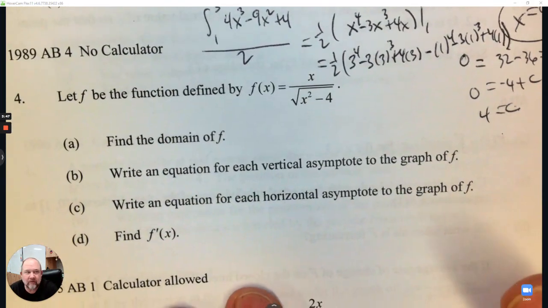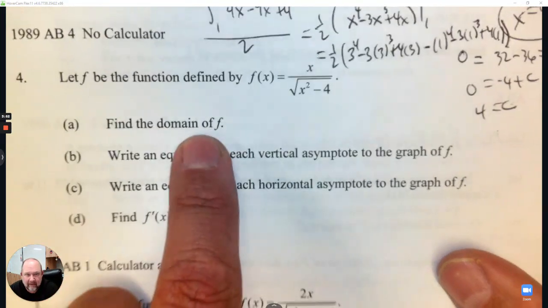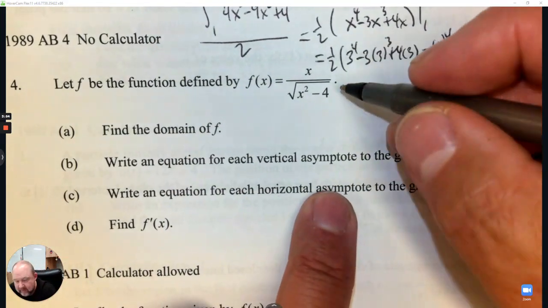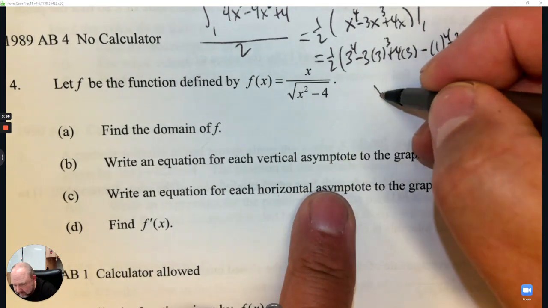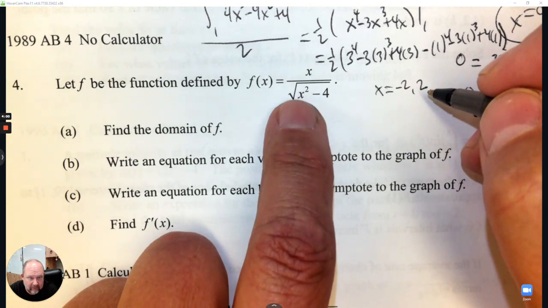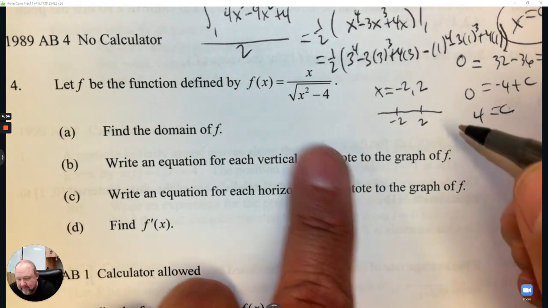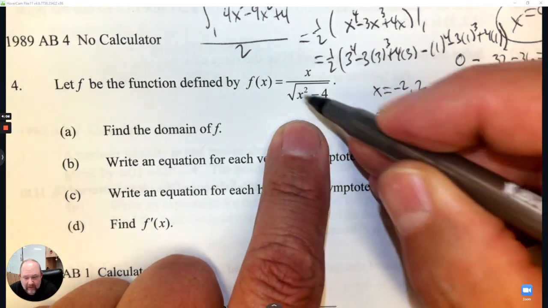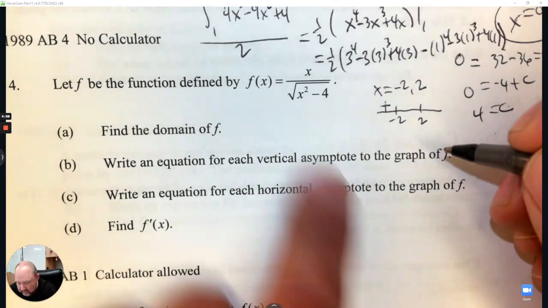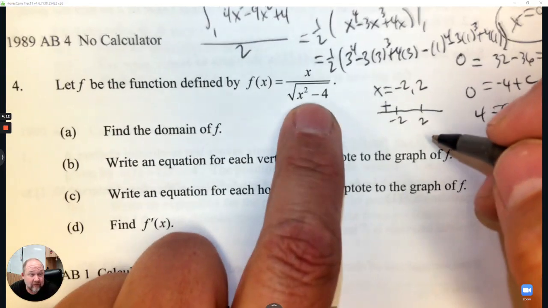All right, next question. Let f be this function. Find the domain of f. All right, the zeros of the bottom are -2 and 2. So -2 and +2 makes the bottom 0. I'm going to draw a number line to help me out here. If I plug in -3, I get a positive value overall, because -3 squared is 9, and 9 take away 4 is positive.